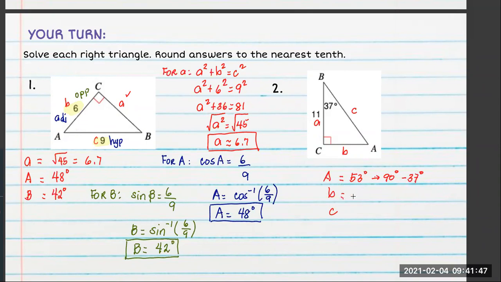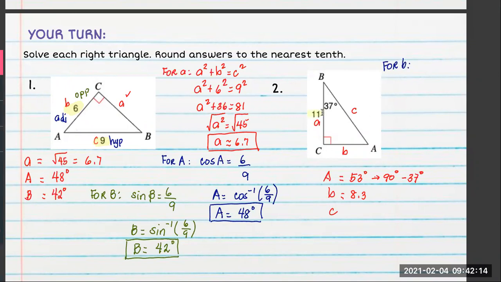What did you get for side B? 8.3, yes. Oh, okay, I guess we'll discuss this because I'm getting different answers. So let's look at B right here. Okay, let me mark the given.